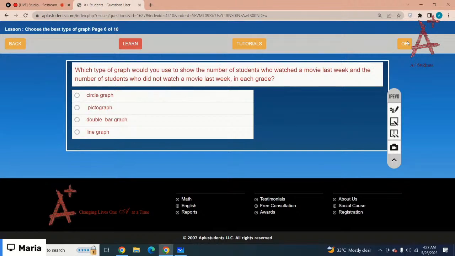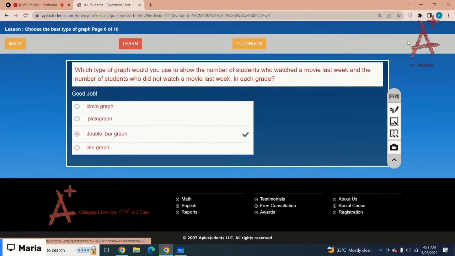That means you have to use, okay, so that is a comparison. So for the comparisons, you use double bar graph. So that would be the double bar graph.